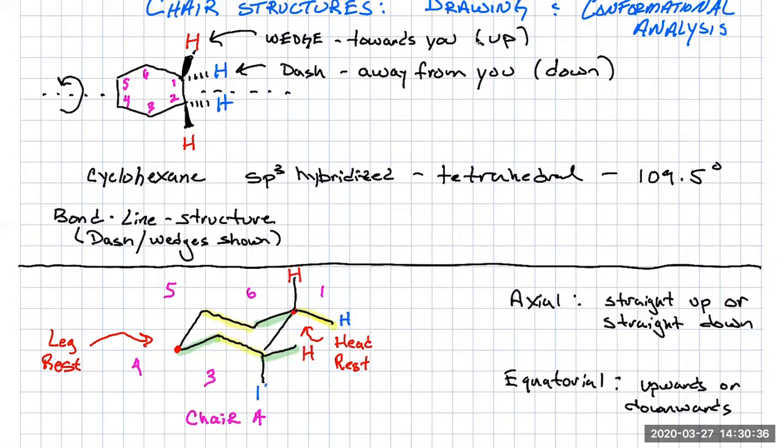So down is a blue hydrogen, axial down. And you can see that axials are either straight up or straight down. And the direction will be decided by whether the carbon it's attached to is upward or downward in the staggered shape that it's in. So that was carbon 2 there.